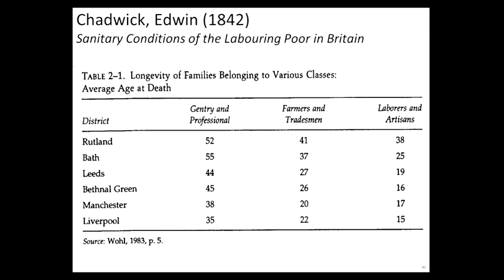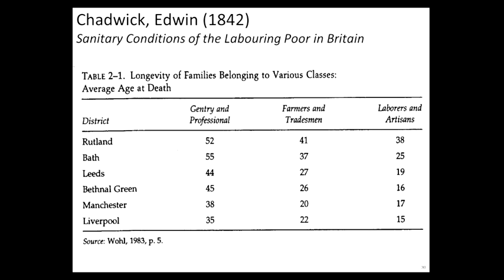If you look at this table, on the columns you have the 3 social classes, so you can define individuals in terms of their social class. The gentry and the professionals are the highest social class, followed by the farmers and tradesmen, and the lowest social class being the laborers and the artisans.